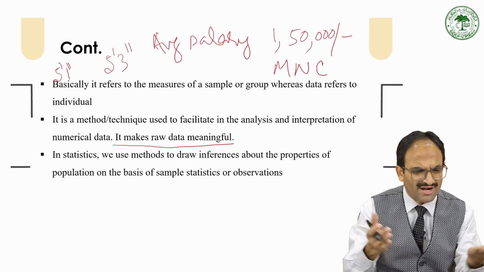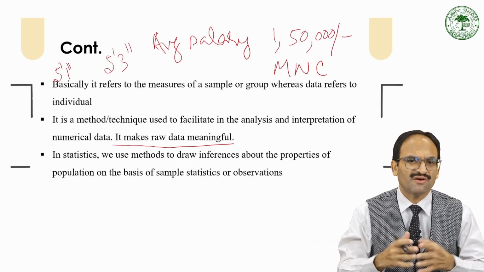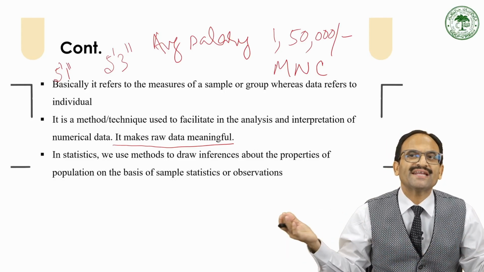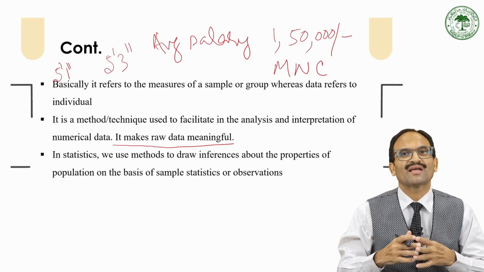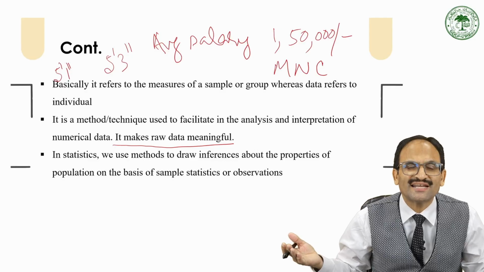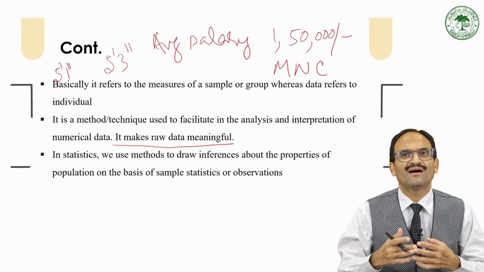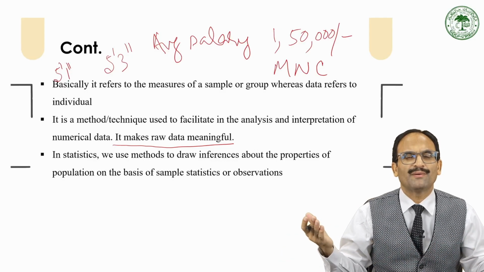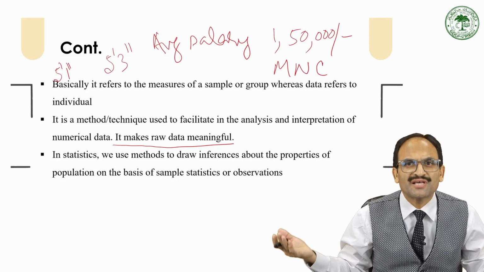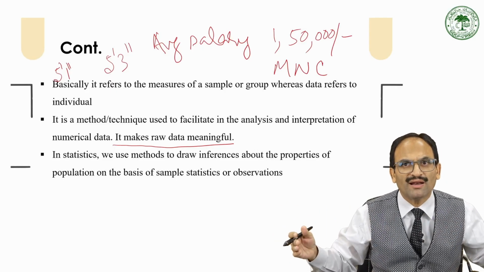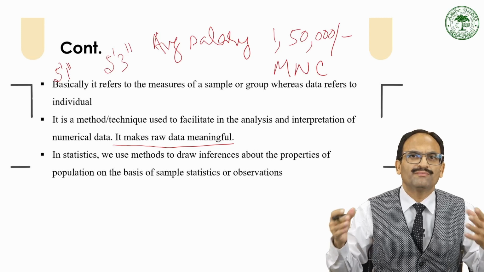These are raw data: 5 feet 1 inch, 5 feet 3 inches, 90 kg weight, 1,50,000 rupees salary, 33.4 degrees centigrade temperature, length of some table, volume of something.